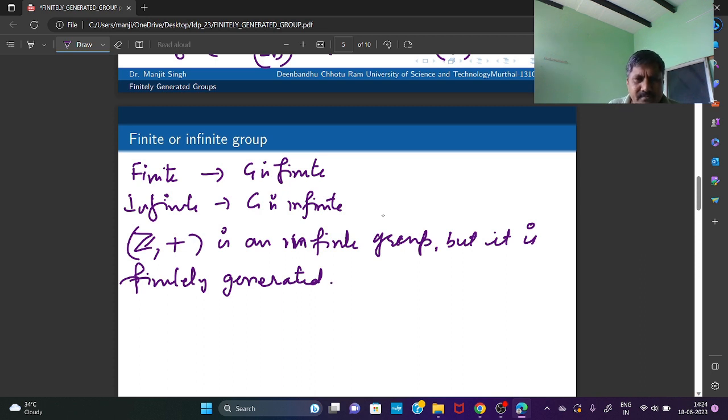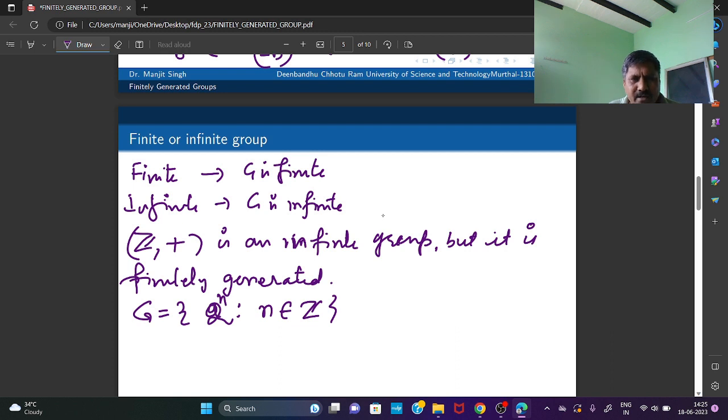Another example: you can take a group G as 2 raised to power n, where n is an integer. We can say that this is a group under multiplication.